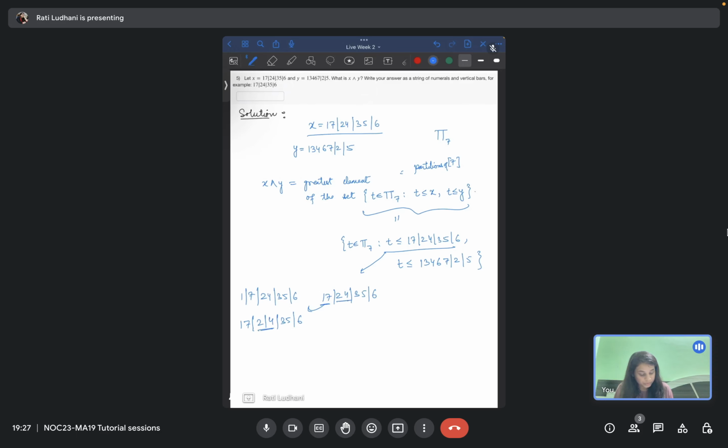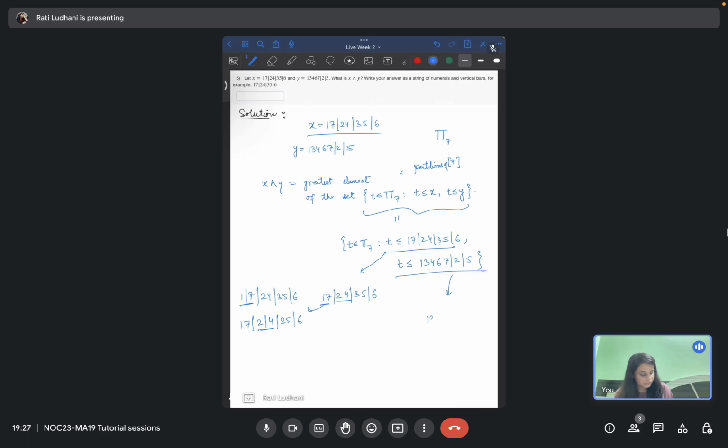Now with 1 separated from 7, again you can do with 2 separated, 2 and 4 are split already. So you have too many possibilities, just the refinements you can have, right? These could be the possibilities for t. Now for this set, you have to have t which satisfies both of these conditions.